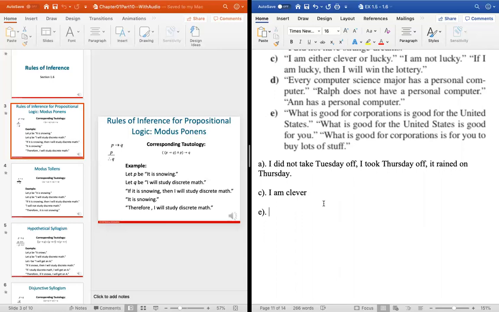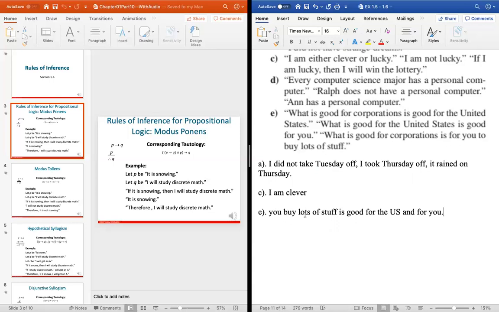One conclusion is that you buying lots of stuff is good for the US and for you, because it says what is good for the United States is good for you, and that what is good for the corporation is to buy a lot of stuff.